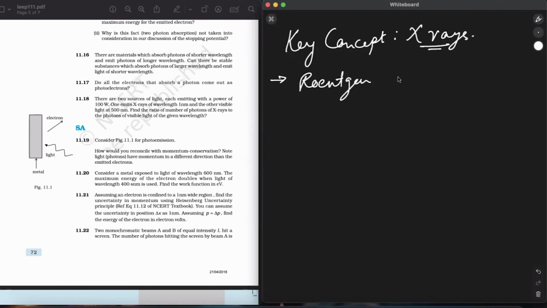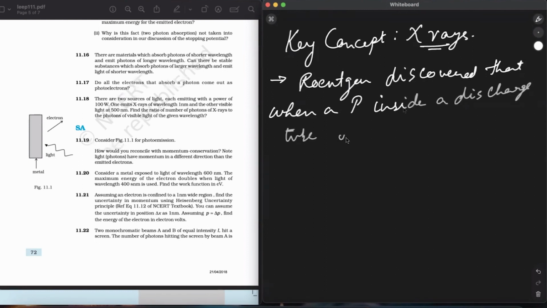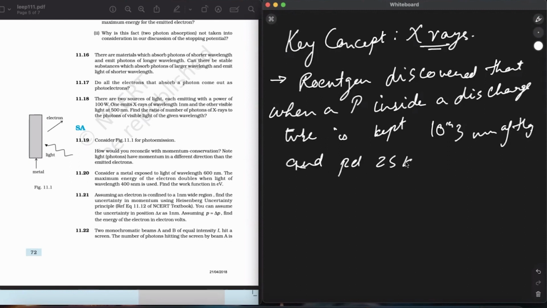Roentgen discovered that when the pressure inside the discharge tube is kept at 1 ml of mercury and a potential difference of 25 kilovolts is applied, then X-rays are developed.